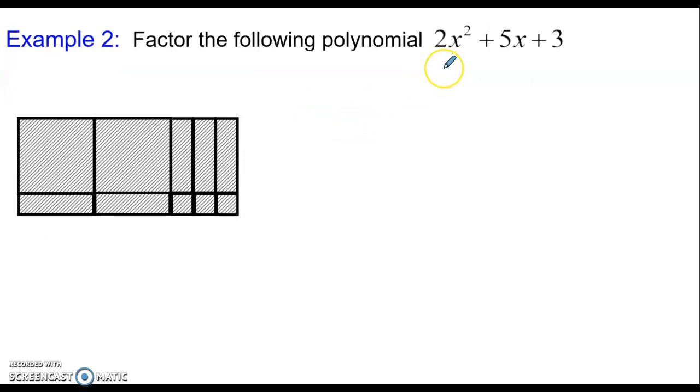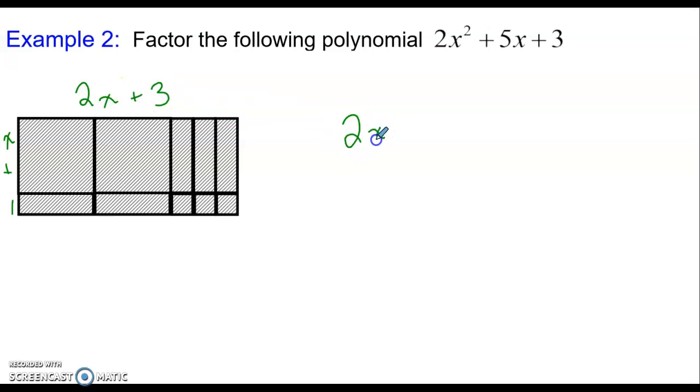So using algebra tiles to factor the polynomial 2x squared plus 5x plus 3, we can look and see what we have for our length and our width. For our width, you can see we have x plus 1, and for our length, we have 2x plus 3.